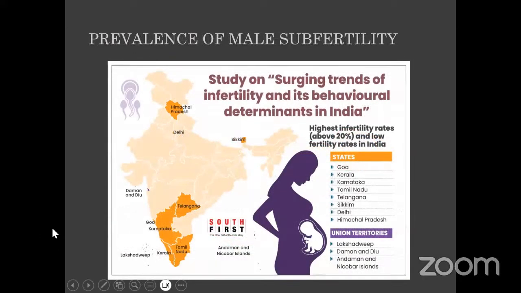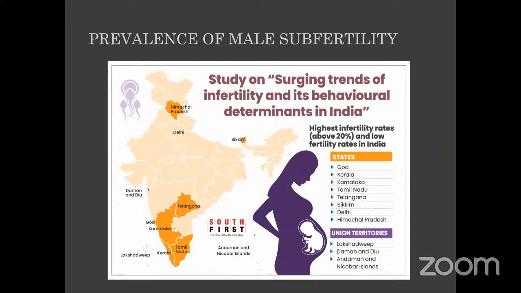So when we talk about male subfertility or infertility, what I have seen in a lot of couples coming to me is they come under the impression that fertility is more of a woman's problem. But we need to understand that the prevalence of infertility overall is increasing, and specifically male fertility problems are increasing much higher than in women at this point.